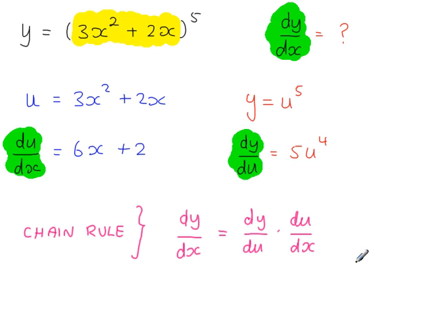Okay, so we have dy by dx is equal to dy by du, which is 5u to the power of 4, times du by dx, which is 6x plus 2. And I should put this in brackets.